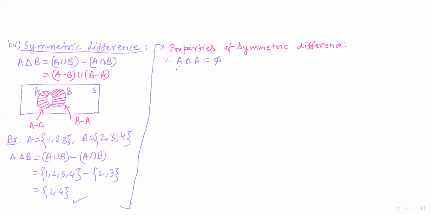Property number 2, A symmetric difference phi is equal to A. Next, property number 3, A symmetric difference B is equal to B symmetric difference A. That means you can say that symmetric difference is commutative. That is, symmetric difference will satisfy the commutative property. That is, A symmetric difference B is equal to B symmetric difference A.